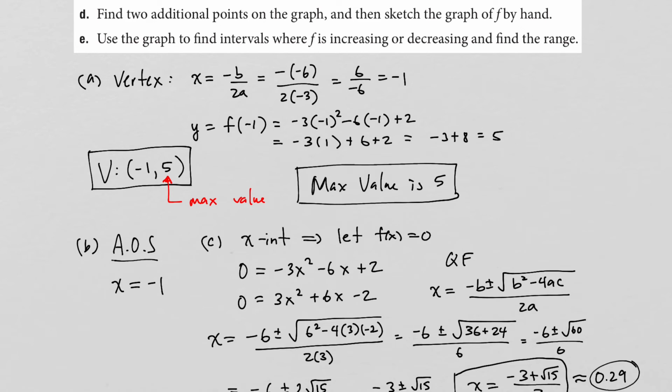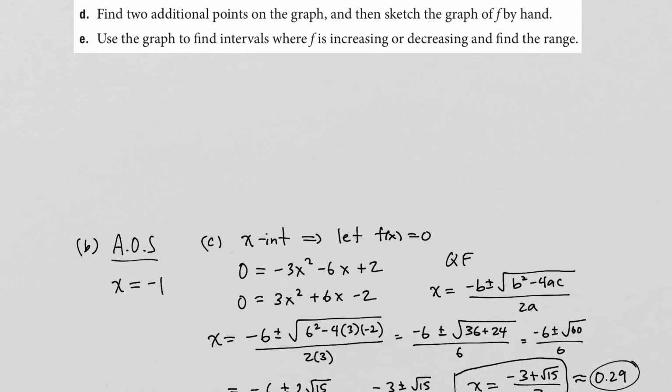All right, so to find two additional points on the graph, we just need to plug in a couple of other x values. So we already know that when x is negative 1, y is 5. That was our vertex. We also know that our x-intercepts occur at positive 0.29 and negative 2.29. So to get a couple of extra points on the graph, maybe I'll just plug in x equals 0.